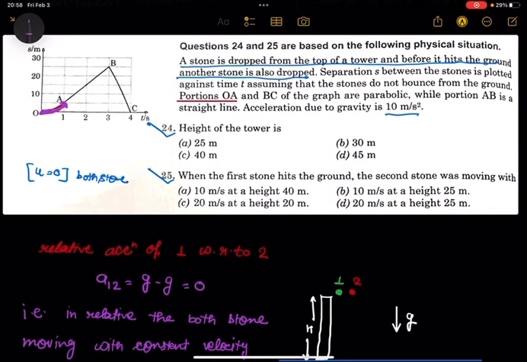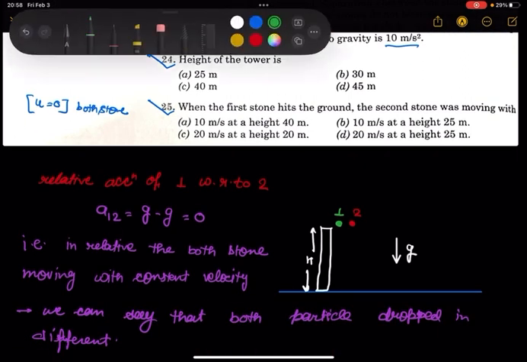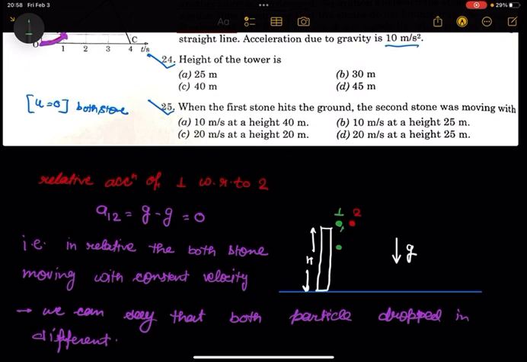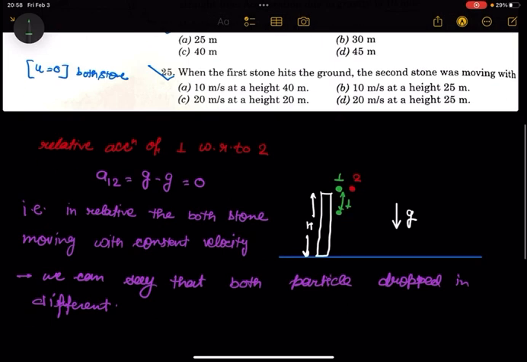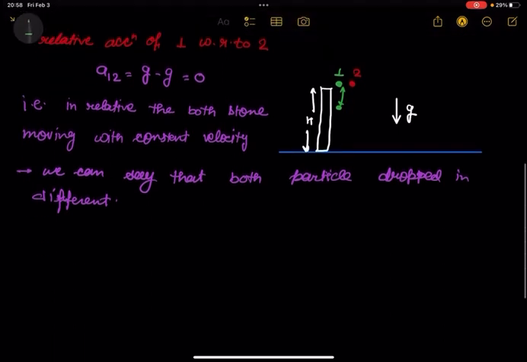So we can very easily calculate for 1 second how much height is covered by stone 1 in 1 second. Okay. So firstly, using a simple equation, we can write the height covered by stone 1 in 1 second.